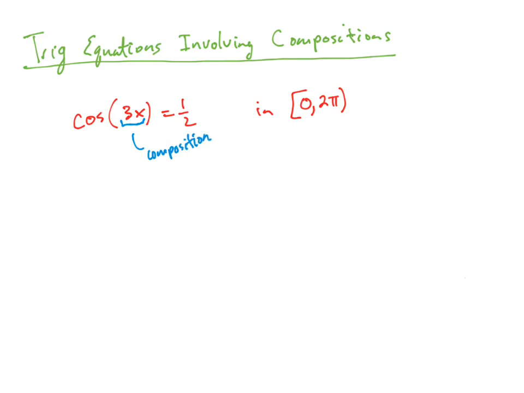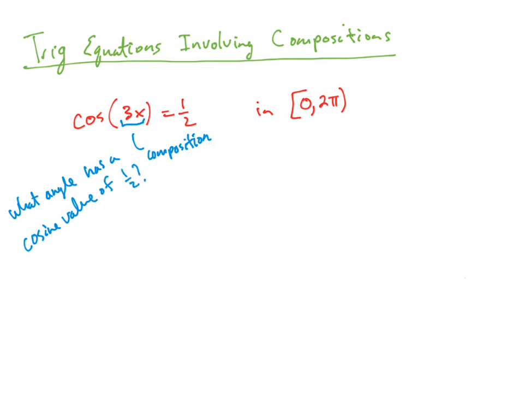Okay, so how we solve something like this is we first don't even need to think about the 3 times the x. We want to ask ourselves what angle, because 3x represents an angle, has a cosine value of 1/2?